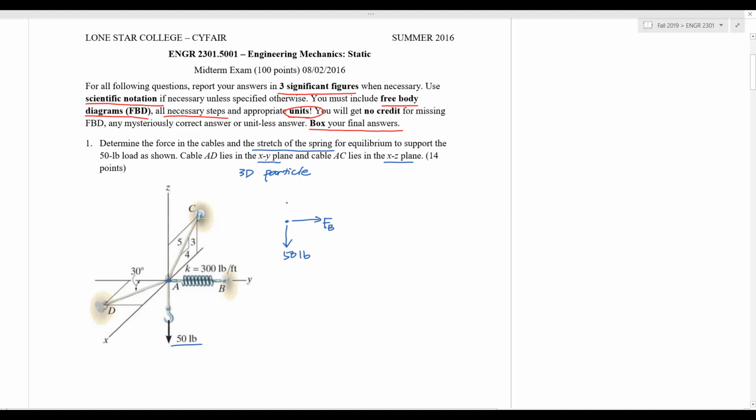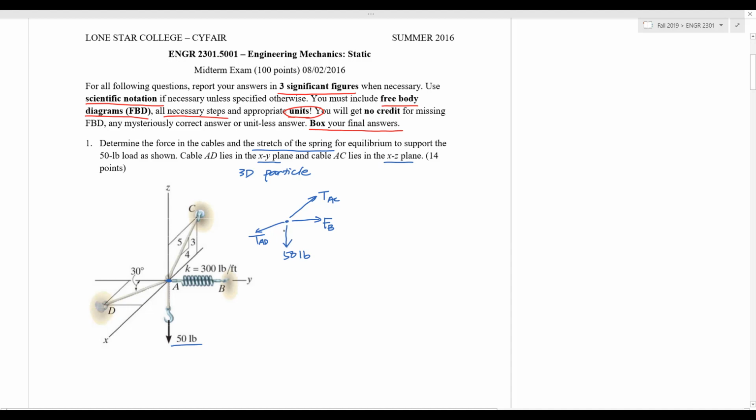That will be from A to B in the direction, simply along the Y direction. And then we will have the force that will be tension force from A to C. And lastly, we have another tension force that is from A to D. So that completes the free body diagram.